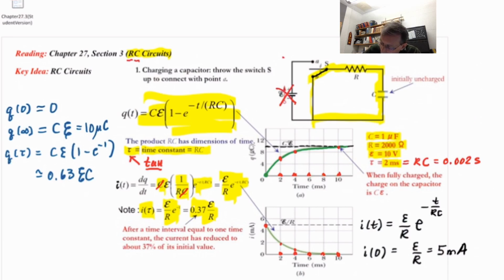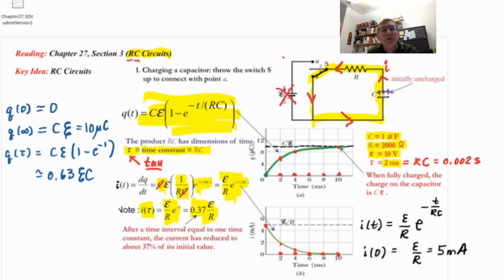And instead, what I've got is the charged capacitor, positive charge on the top plate, negative charge on the bottom plate with a potential difference across it, and a resistor, and conducting wire making a loop. So we will have current flow, and it will flow this way, I, counterclockwise.